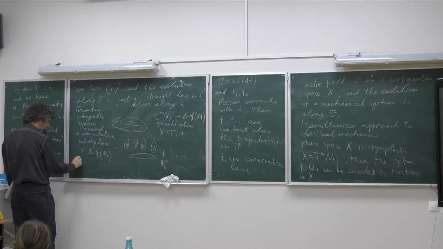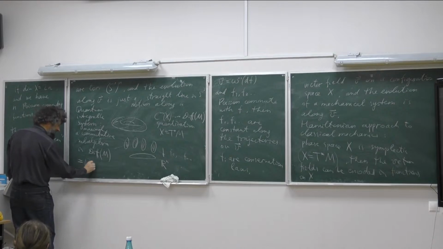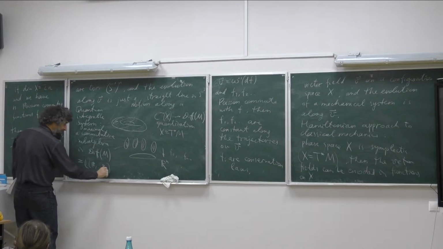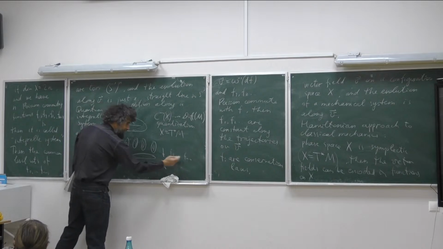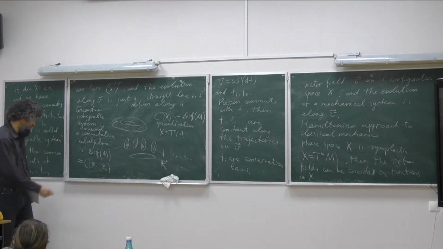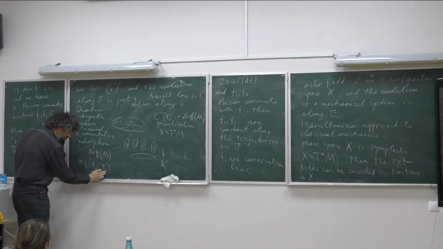So it's isomorphic to just polynomials in n variables, z0 and so on, zn minus 1. So they are quantizations of those functions.